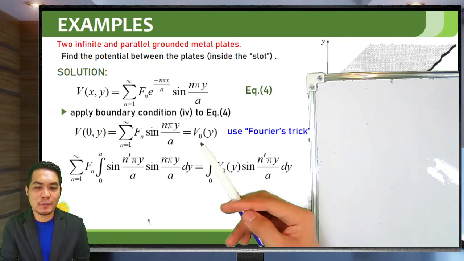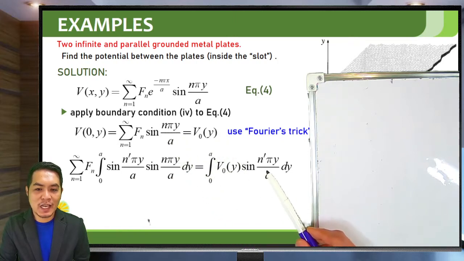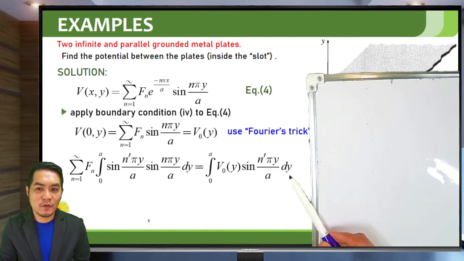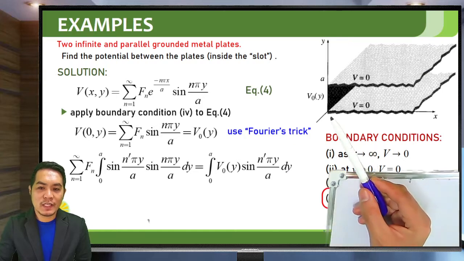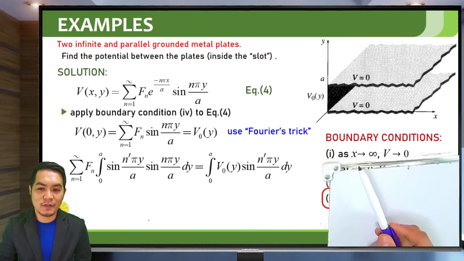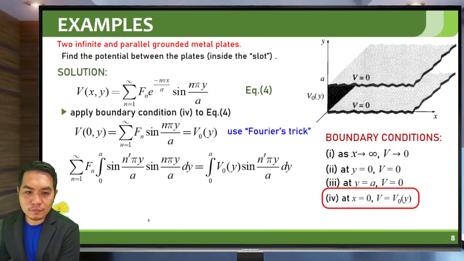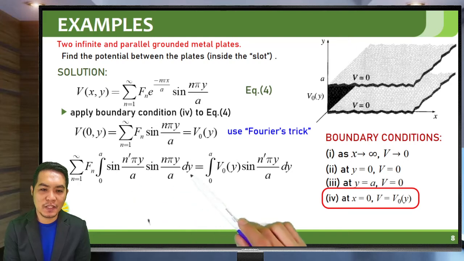So that's what we did. We just multiply both sides of the equation here by sine n prime pi y over a, and integrate over dy, where y is from 0 to a, our boundary for y. So you do that and you will achieve this equation.